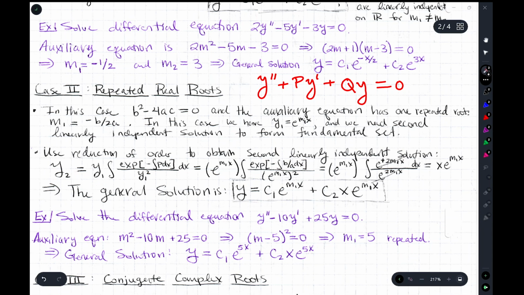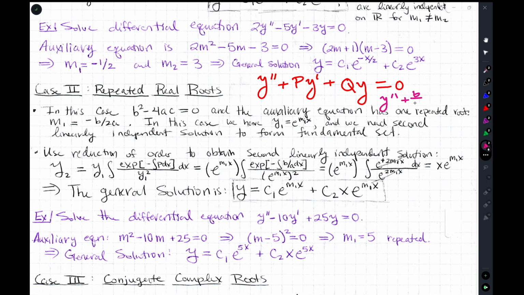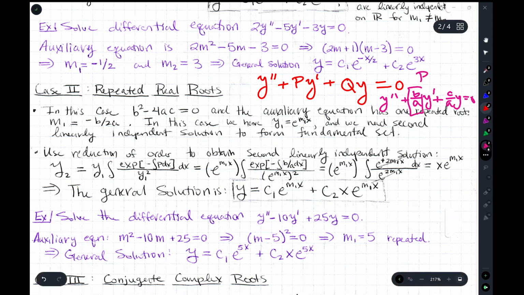So we had our general differential equation with a, b, and c. We're going to have to divide by a just to put it in standard form, and so we'll end up getting y double prime plus b over a y prime plus c over a y equals 0. So basically here goes our p and here goes our q.